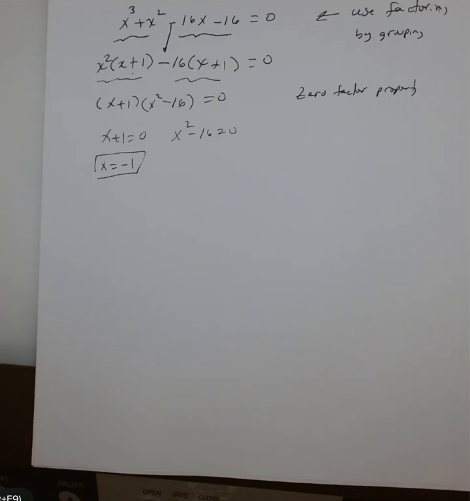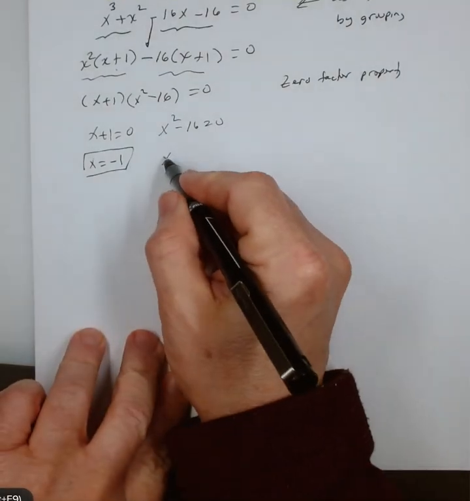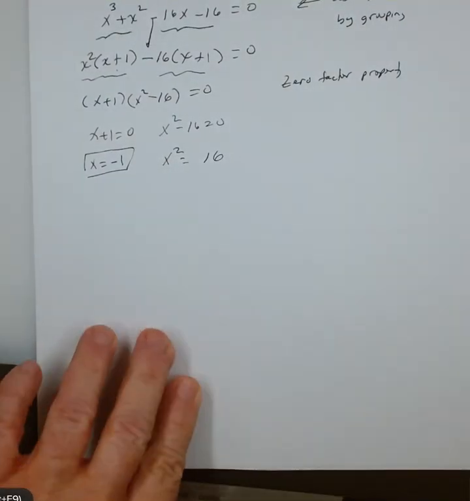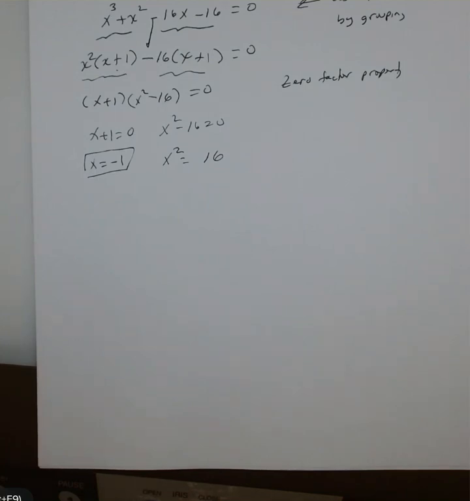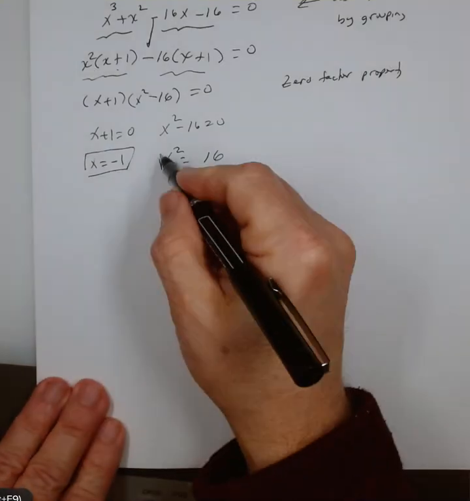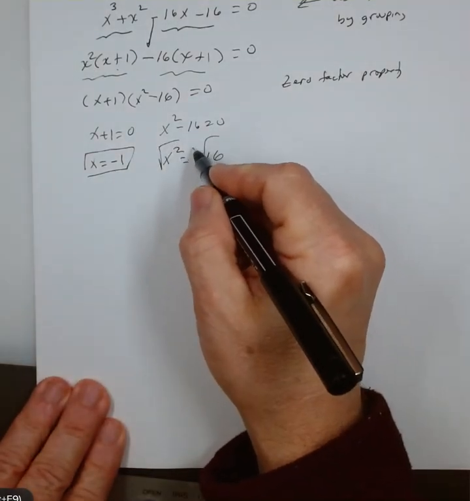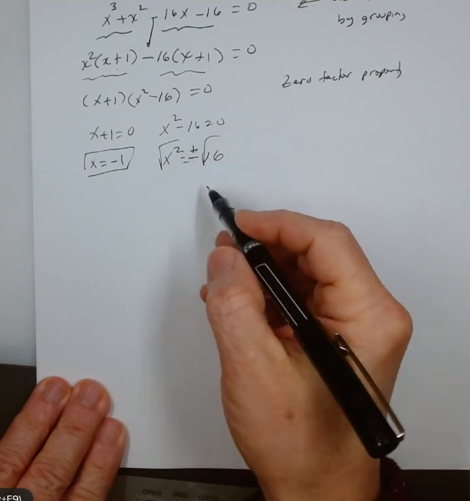Okay, so you could use the square root property by getting x squared by itself, because the x term is missing, right? So I can rewrite this as x squared equals 16, and that's the square root property. How do you get x by itself? Square root of both sides. But don't forget, when you take the square root of both sides, what else should you have? Plus and minus.